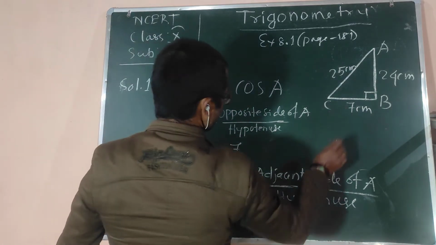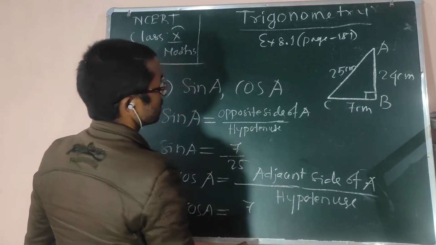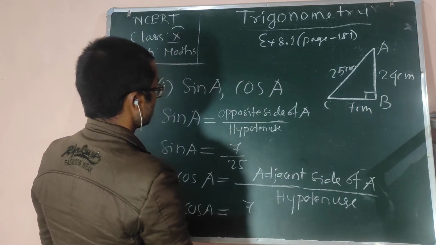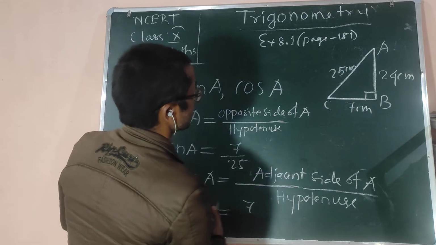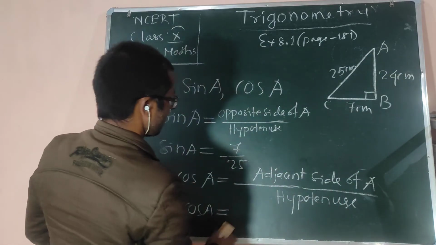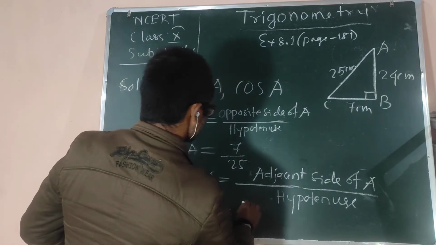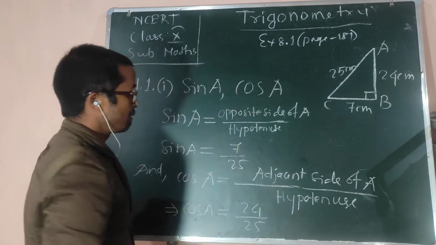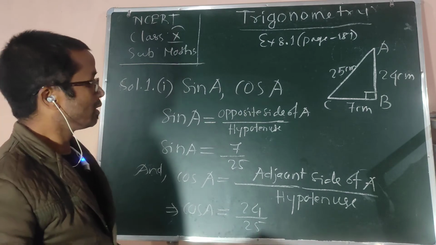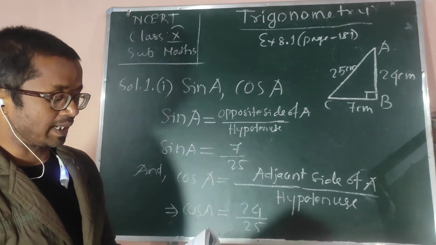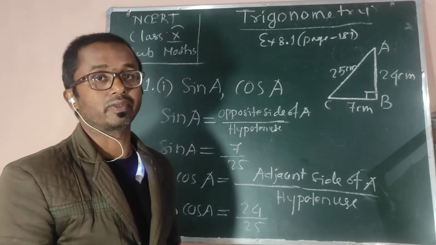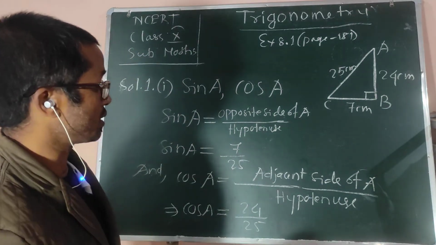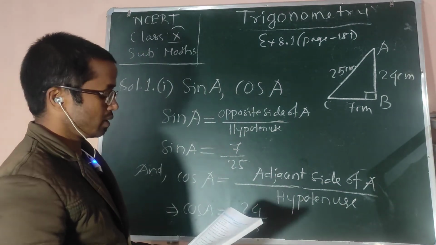Adjacent side is, sorry, this 24, and hypotenuse is 25. Very simple. So in this way we can find any trigonometric ratios when our three sides are given. Not an issue. Just remember the ratios.